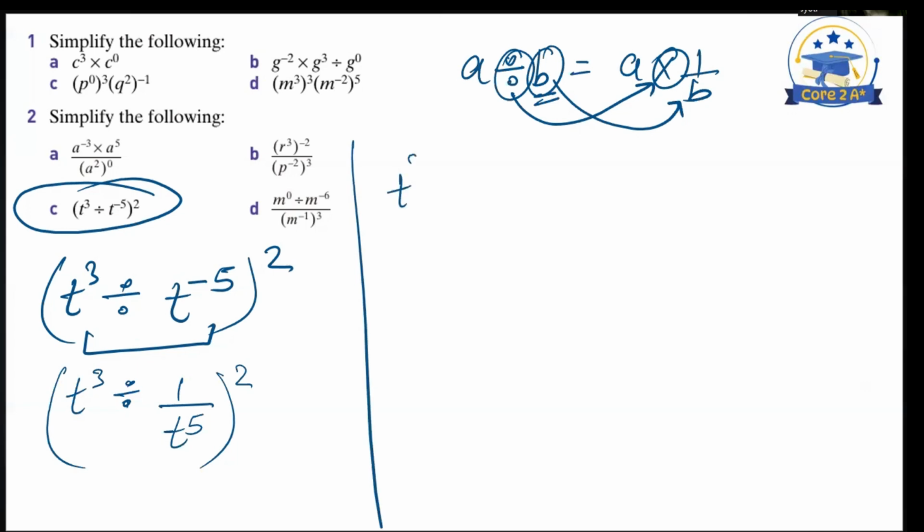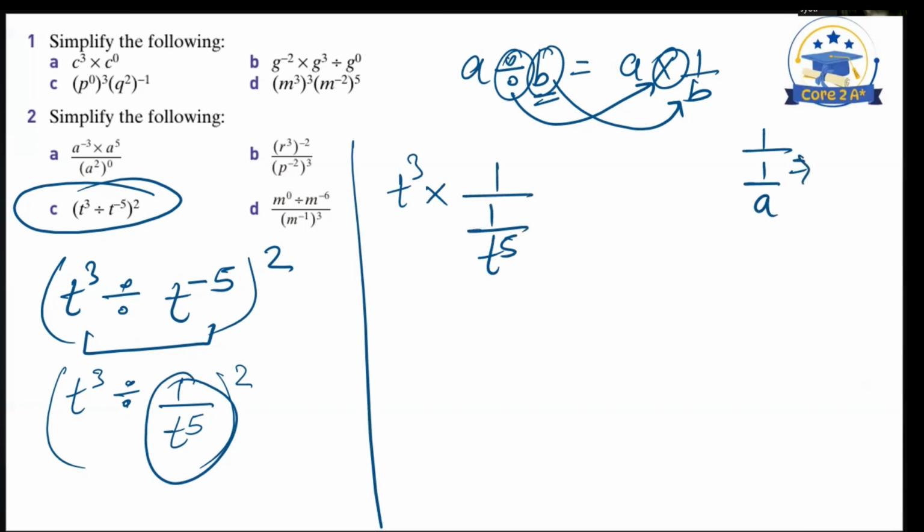So TQ multiplied by 1 over T to the power 5. So if we have 1 upon 1 over a, can we write it like that? I think you know already, but let me explain.